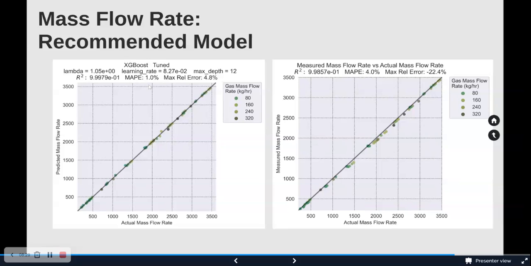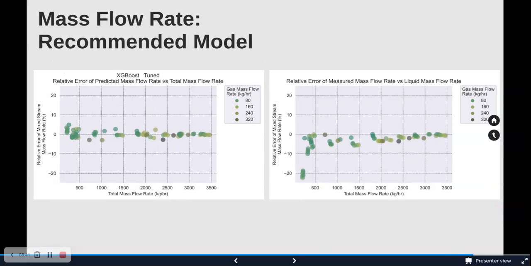Tuning my XGBoost model reduced this down to an average of 1% error, which is very, I would say, acceptable. Here are some other figures that show that it performs quite well, even at these low mass flow rates. However, it maybe does just about as well, maybe a little better with high gas fractions.